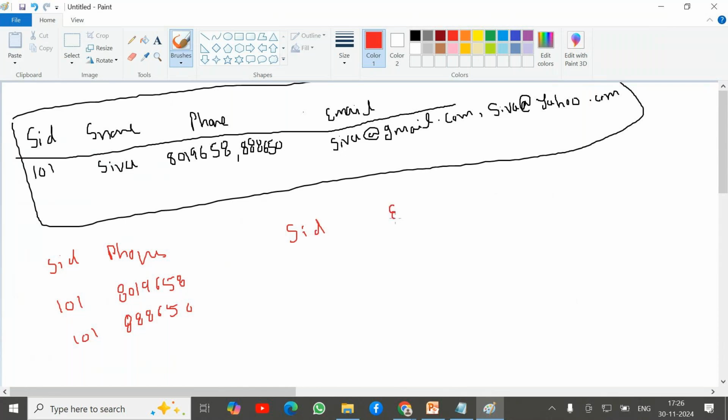Then student ID and email ID: 101, shiva at gmail.com and shiva at yahoo.com.